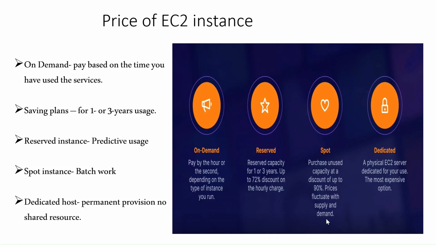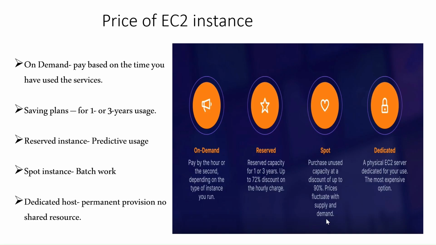Suppose some other person has a budget of 150 bucks per hour. Once the price is above what I have purchased, that server will get discontinued from me and it will go to the other person who has already put 150. So it is like a kind of trading.